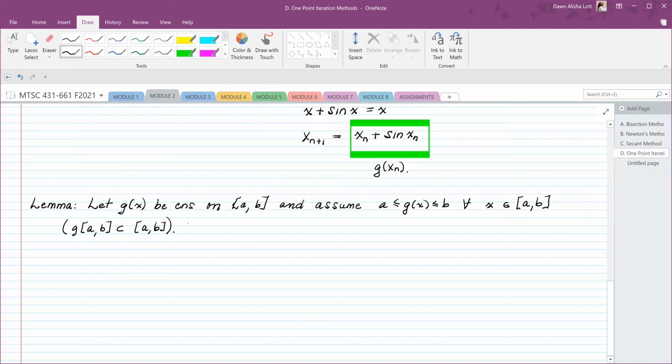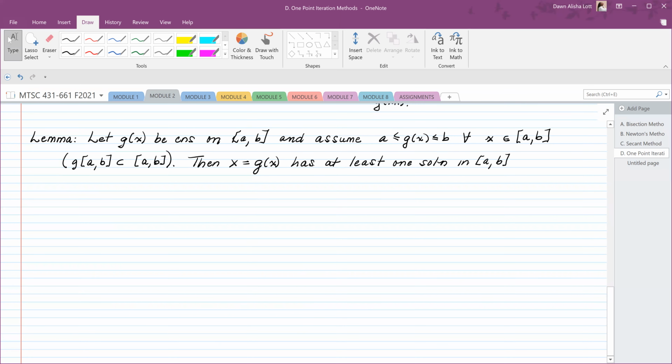Then x equals g of x has at least one solution in the interval [a, b]. So what does that look like? Very simple.